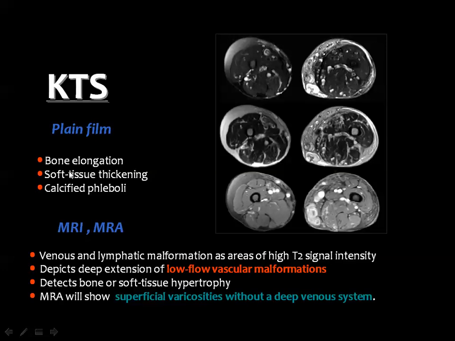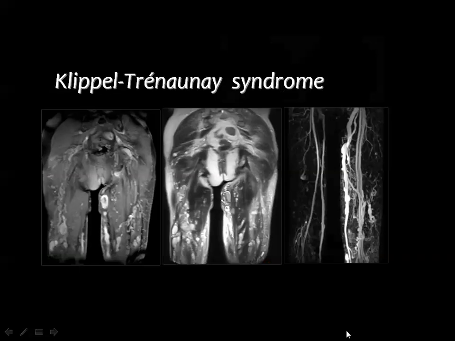The plain film will show elongation of the bone, soft tissue thickening, and multiple calcified phleboliths. The MRI and the CT venogram, for example, show, when you compare these two limbs, the left one is swollen, and you get many dilated tortuous venous and lymphatic channels, together with thickening of the subcutaneous tissue and the obliteration and stranding of the subcutaneous fat.